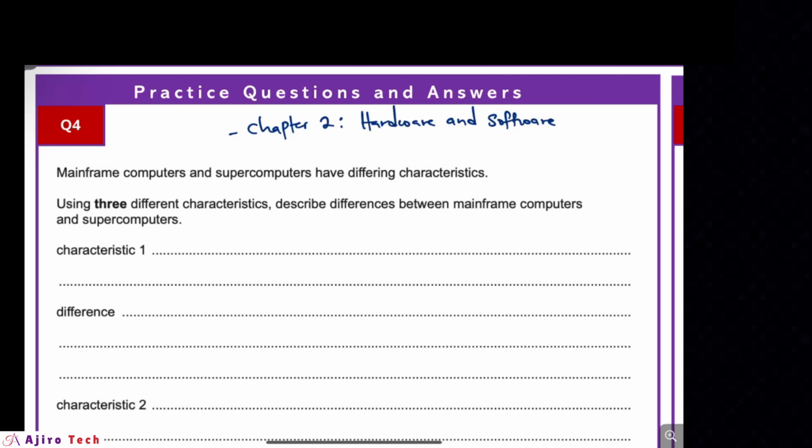And also performance. We can also look at it by performance. So let's look at it in performance.